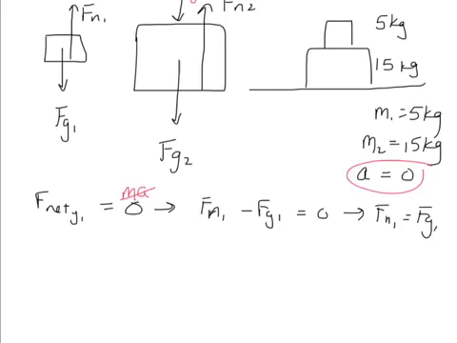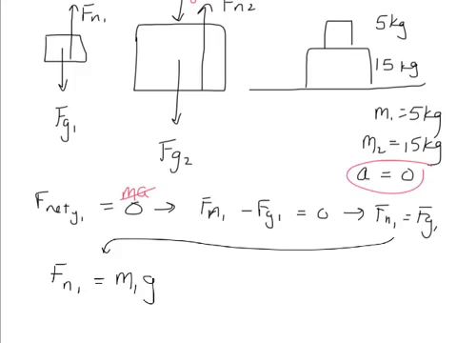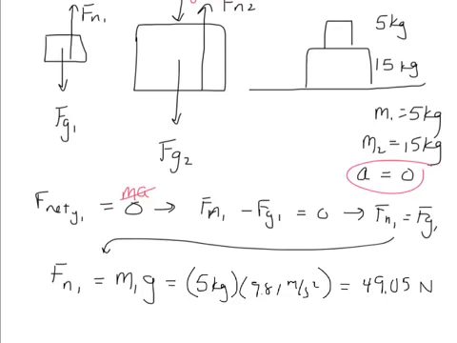So Fn1 equaling Fg1 can really be written as mass times gravity. The mass of the first object is 5 kilograms, and the gravitational constant is 9.81 meters per second squared, giving us a normal force of 49.05 newtons.